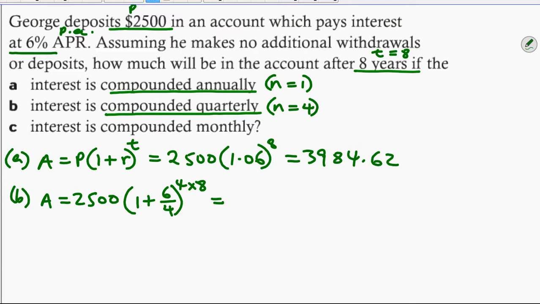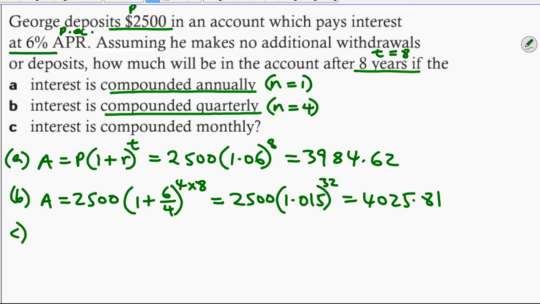You can simplify this to 2,500 into 1.015, because 6 divided by 4 is 0.015 plus 1, to the power 32, which gives us 4025.81.